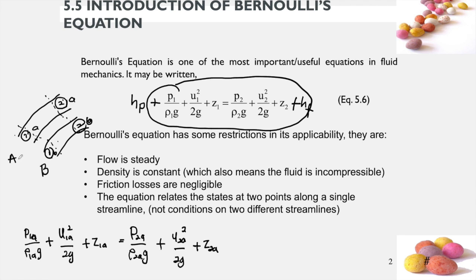Remember, to apply Bernoulli's equation, you must apply it on the same streamline. Do not cross the streamline. If you have two pipes and you want to find the velocity at point 2B, and you suddenly apply Bernoulli's equation between point 1A and point 2B, it is totally wrong.